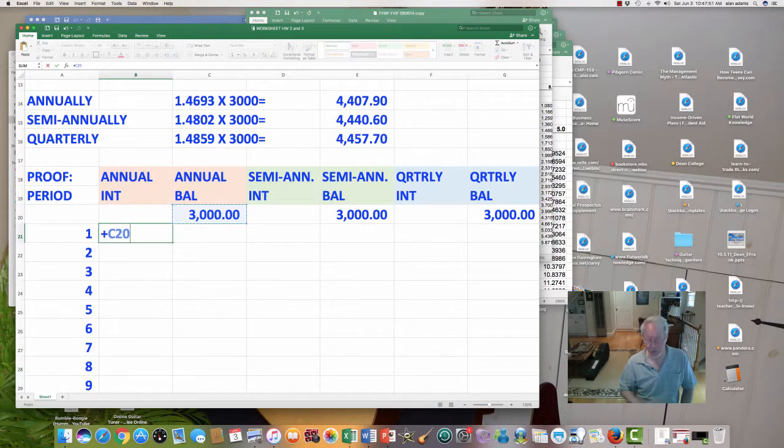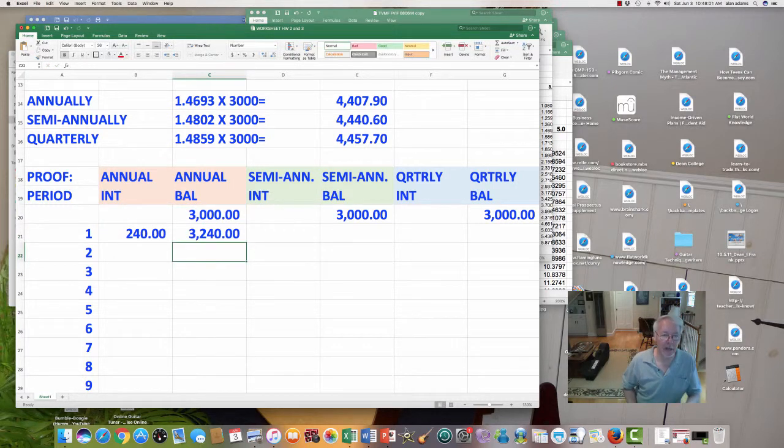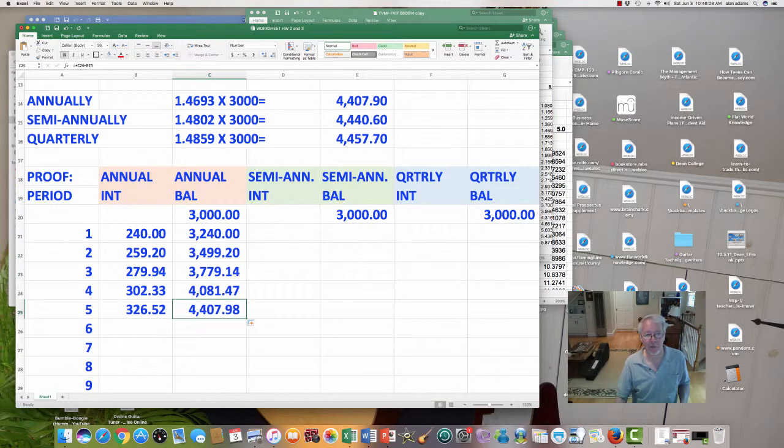In year 1, I'll have interest of $240. Then I add that to the $3,000 I started with, so at the end of year 1, I now have $3,240. I'm going to do that for 4 more years. At the end of 5 years, I will have 4407.98, 4407.90, close enough.